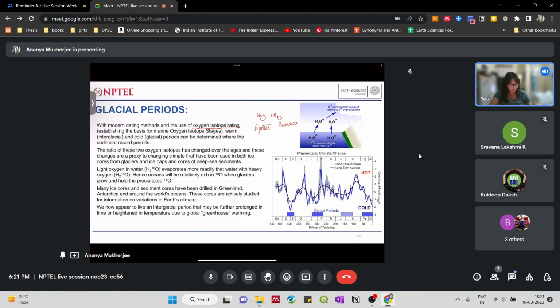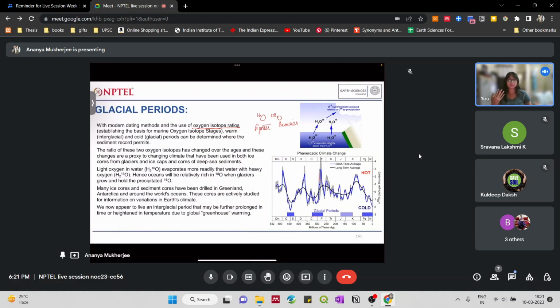Sorry, the peaks are actually where they are going down. The negative is on top. So this is hotter and this is colder. This is the ratio, not the quantity of O18. This is an isotopic ratio.